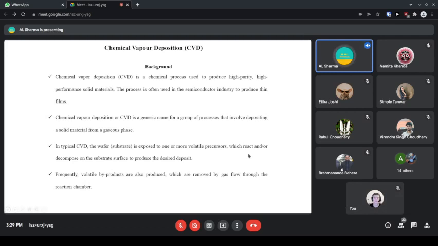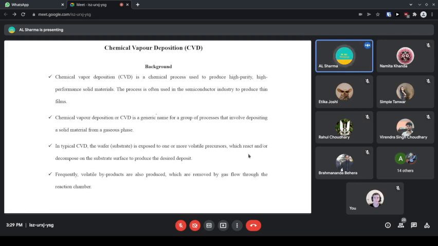Now I'm proceeding ahead with chemical vapor deposition techniques. Chemical vapor deposition is a chemical process used to produce high purity, high performance solid materials. The process is often used in the semiconductor industry to produce thin films.